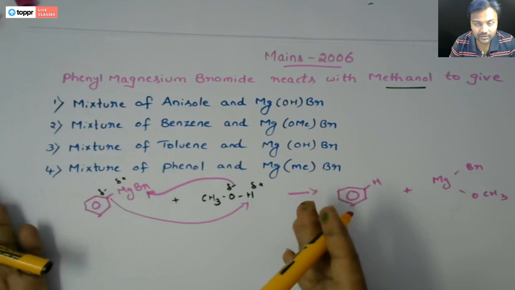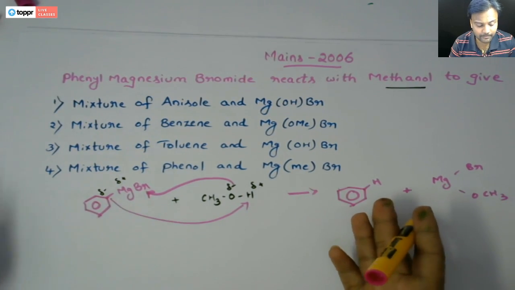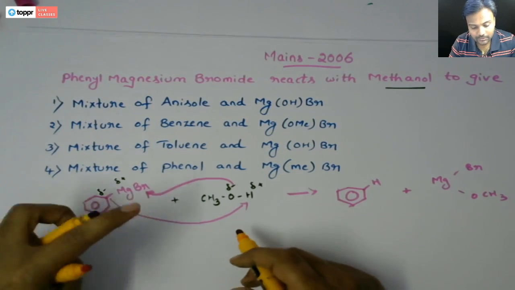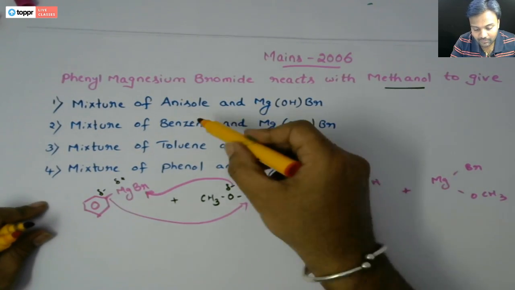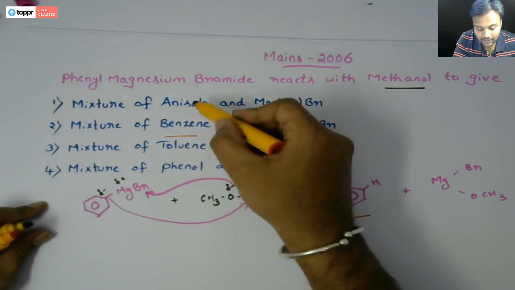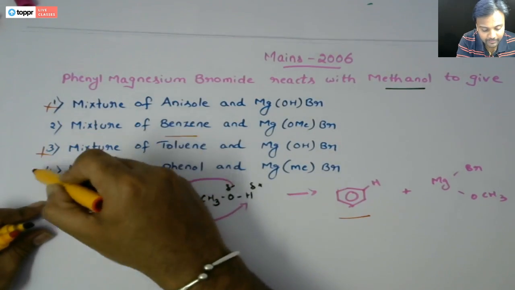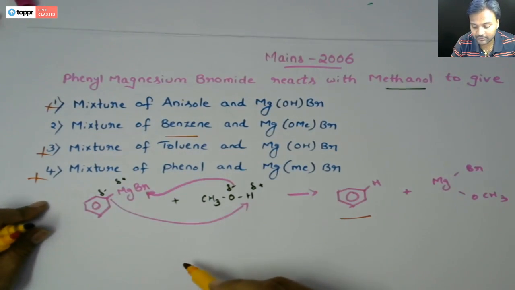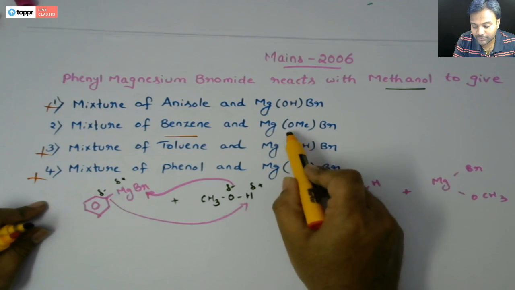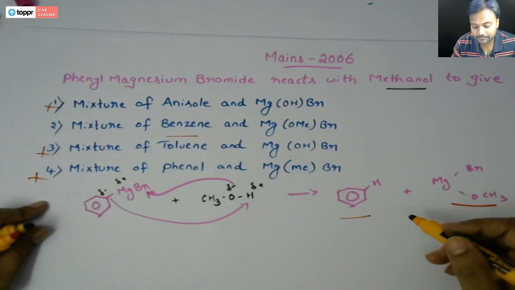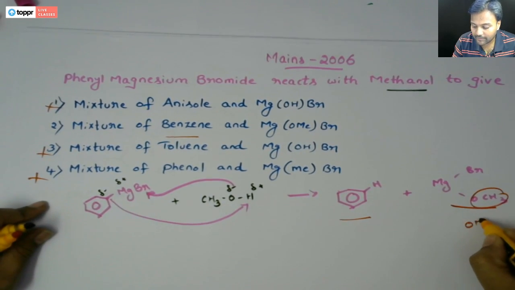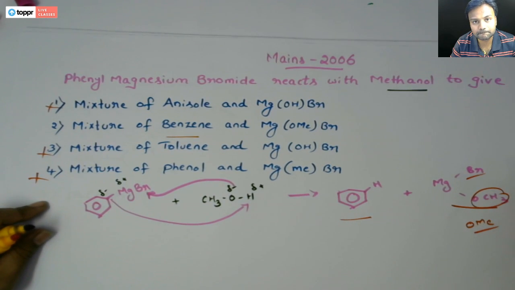Shall we check whether these options are available or not? So benzene, right, I have here, and there is nowhere else benzene, so I can eliminate the others because benzene is present only here. Okay, so MgOMe Br, OMe, both are similar, right? Bromine.